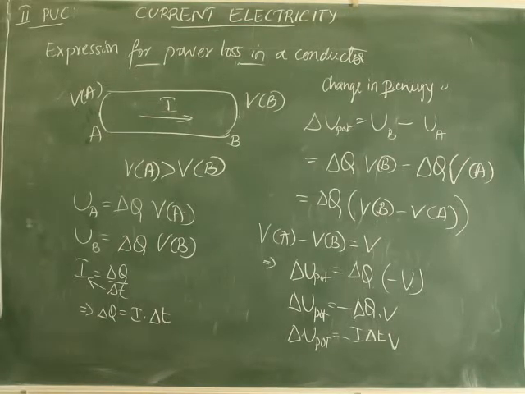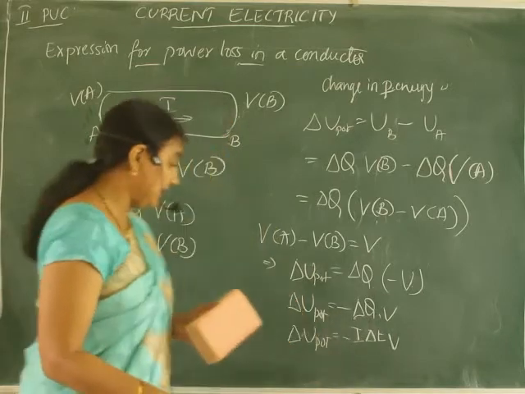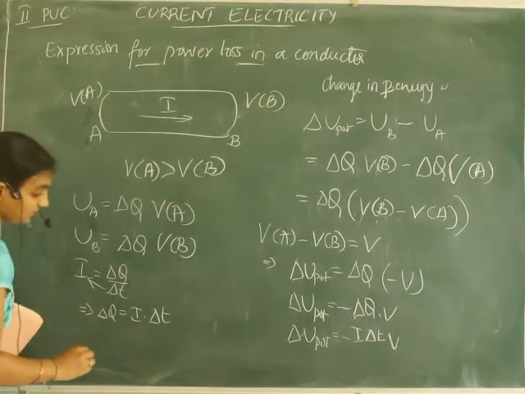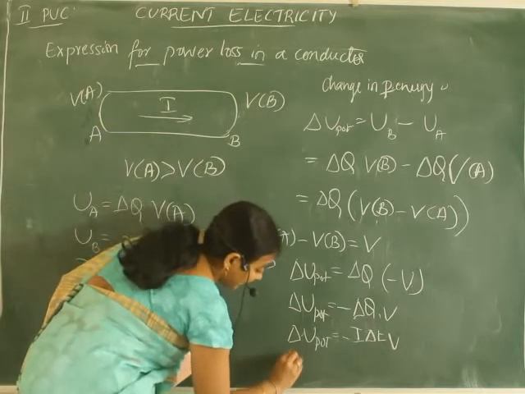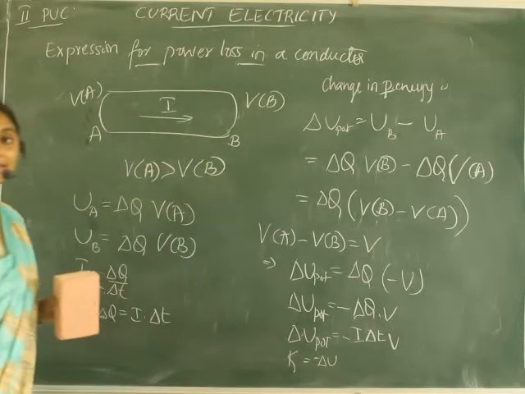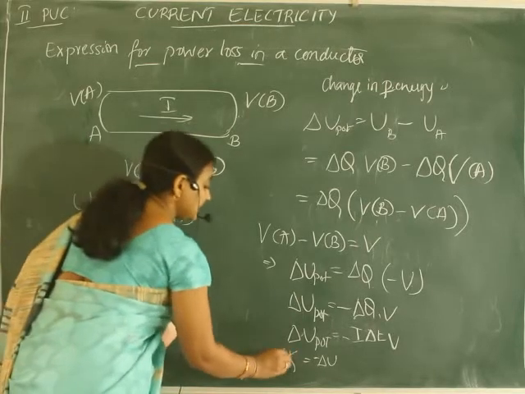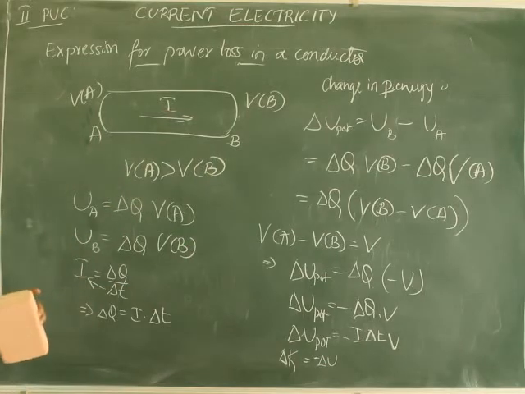If the charges are moving without any collision, then according to conservation of energy, the change in kinetic energy is equal to the change in potential energy, but in the opposite direction, correct?